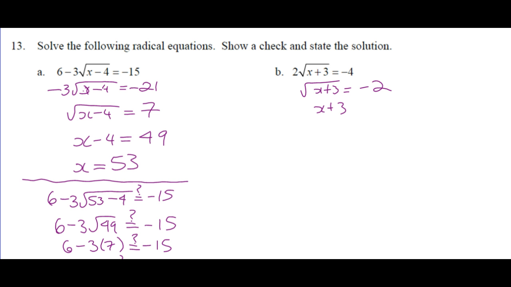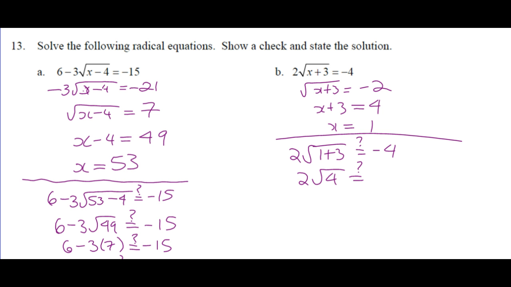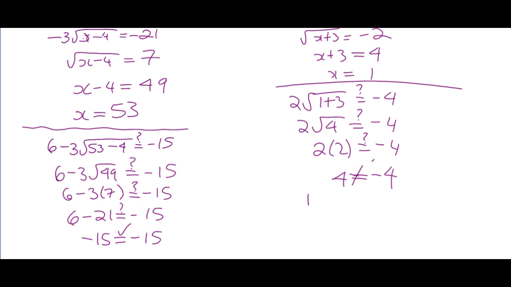You could stop at this point and say, since root of x plus 3 has to be positive, there is no solution, but let's just run through it. It is not equal to negative 4, so there is no solution. And then let's state that: no solution.